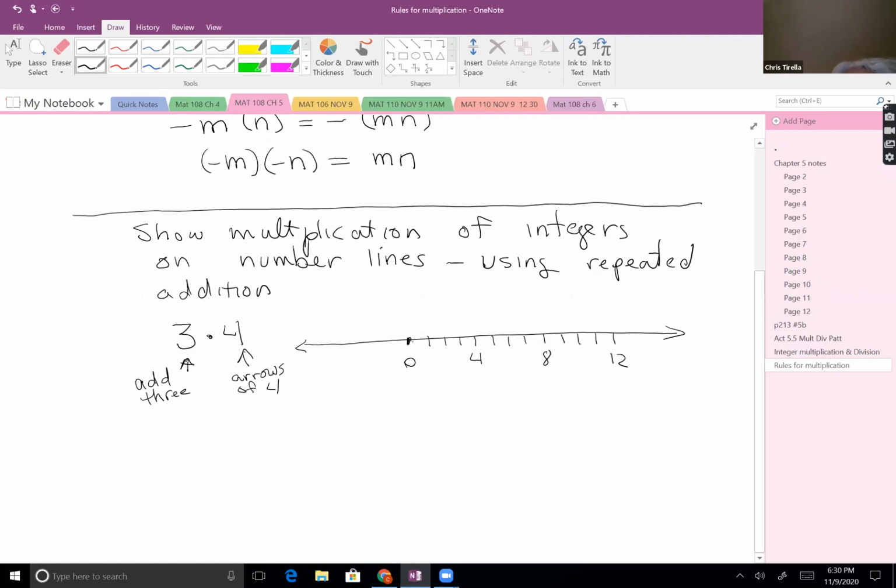And again, that's a positive 4, so those would be arrows drawn to the right. And when I'm adding them, I draw them tail to head. So where one ends, the other starts. And so we would get that our product is what everybody would think it should be, positive 12.